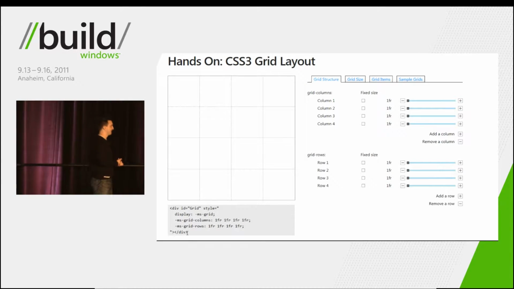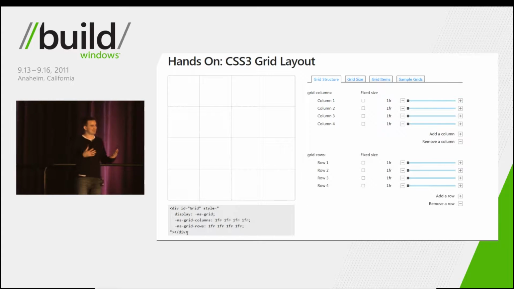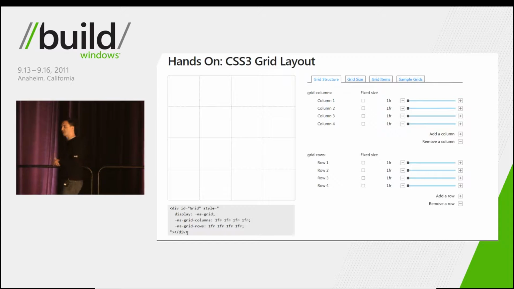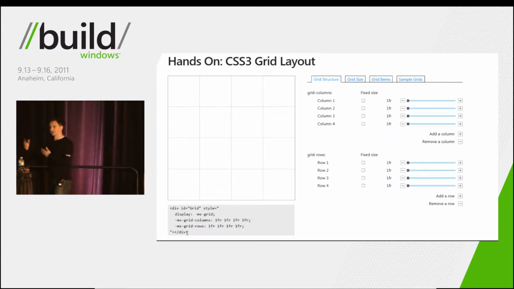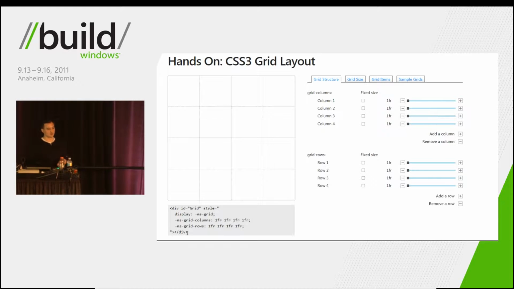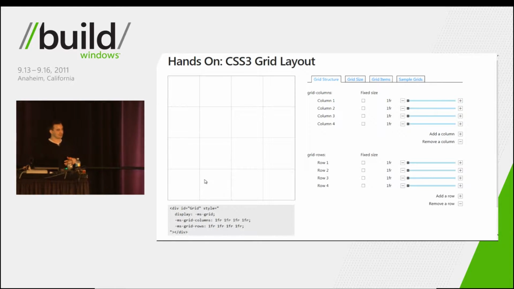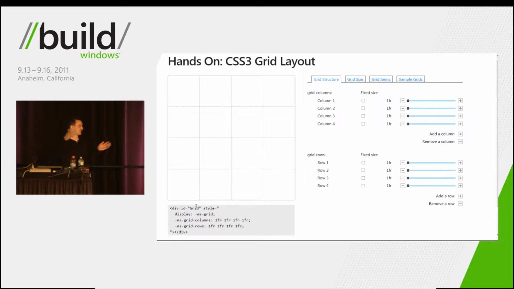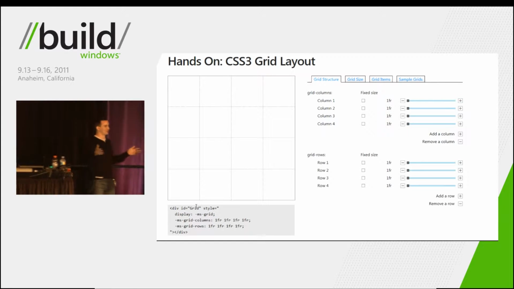It's new to grid, and it's similar to how Flexbox had this box flex property that allowed you to define proportions between elements. Similarly, grid has the FR unit to define a fractional unit. So here I've defined 4 grid columns and 4 grid rows, and because they all have the same fractional unit, that space is divided equally across all of them.